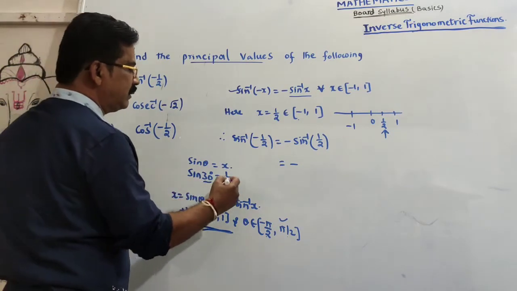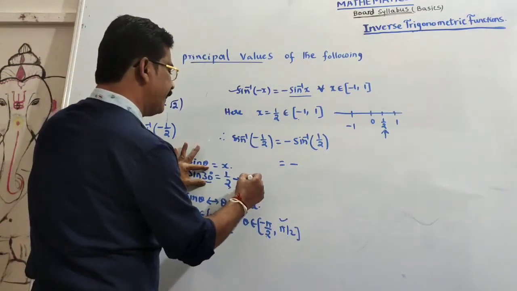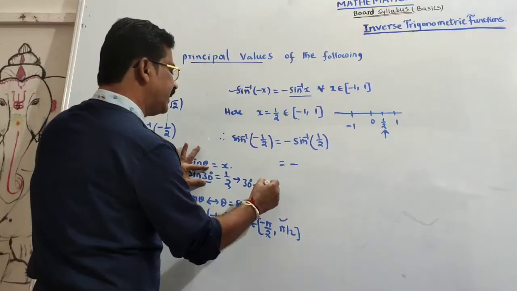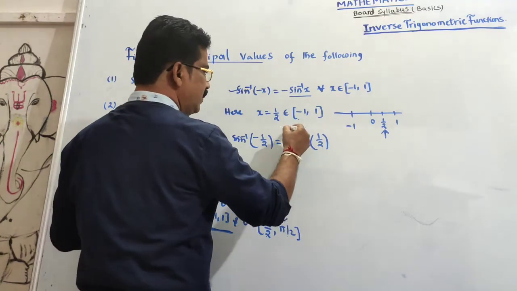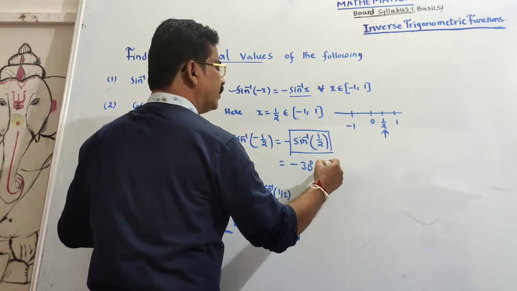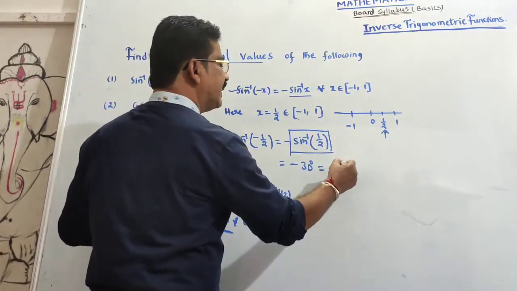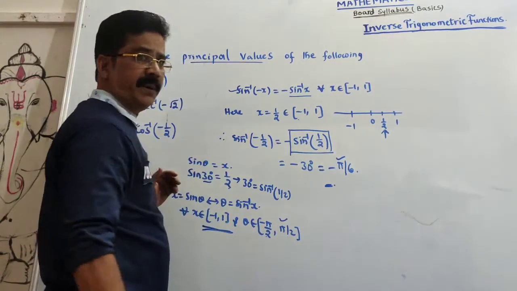So sin 30 equal to 1 by 2 means this 30 degrees equals sin inverse of 1 by 2. Thus, sin inverse of 1 by 2 can be 30 degrees. So therefore, in radians it is minus pi by 6. So the answer is minus pi by 6.